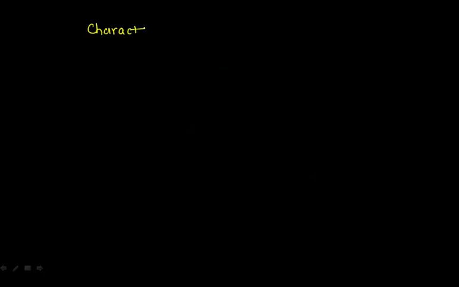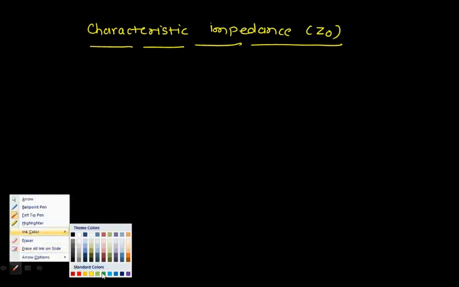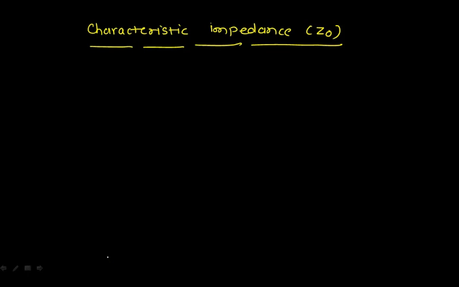When I say characteristic impedance, this is always denoted by the letter Z0. Whenever you see this kind of notation, it shows that this impedance is the characteristic impedance. Now, whenever I go for the model of a transmission line, whether you have a two-wire transmission line or any kind of transmission line, you have two conductors.